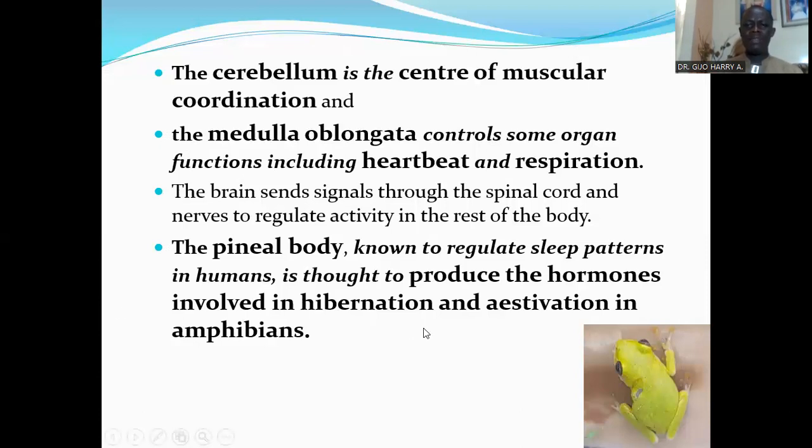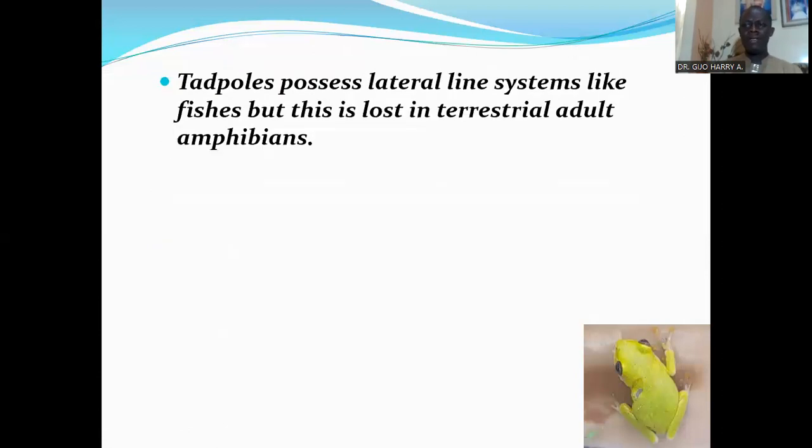It remains in that dormant state, almost looking as if it's dead, for the period that the environment is not conducive. So amphibians carry out estivation. That's why during the dry season you don't see them, and as soon as it rains, you see them coming out from the ground, croaking all over the place.